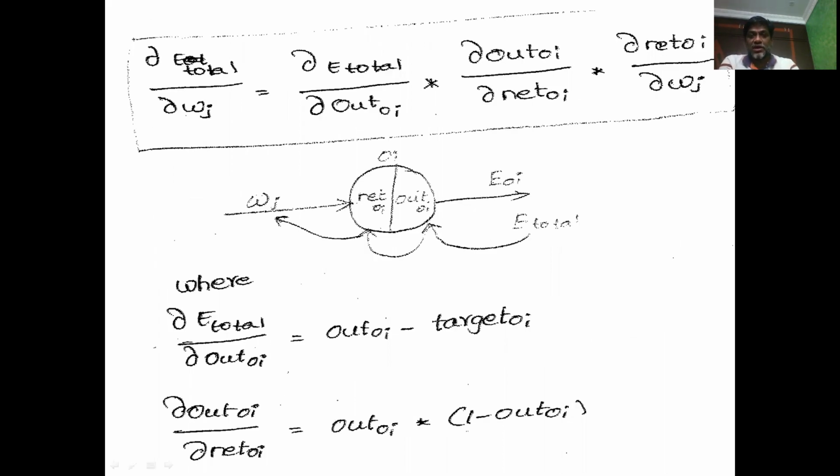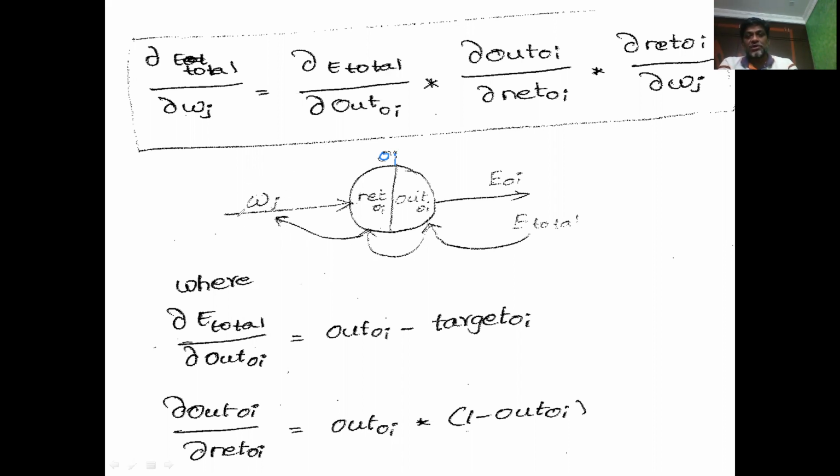Just have a look at this diagram. Imagine the output neuron here. Let us say the output neuron is Y, maybe O1, O2, and so on. For each output neuron, we will perform this process based on the weights connected.